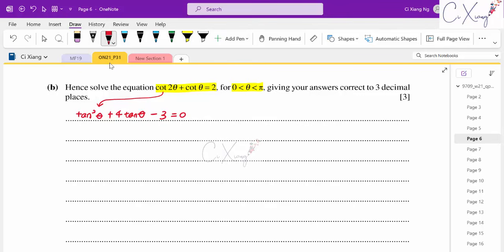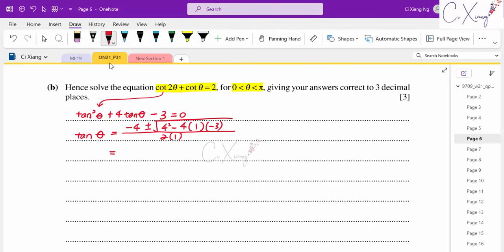Okay, so to get the theta, I can directly solve for the value of tangent theta. To solve for tangent theta, I can use the quadratic formula, where I have negative b plus minus the square root of b squared minus 4ac. So b squared minus 4, a is 1, c is negative 3, then divided by 2a, so 2 times 1.